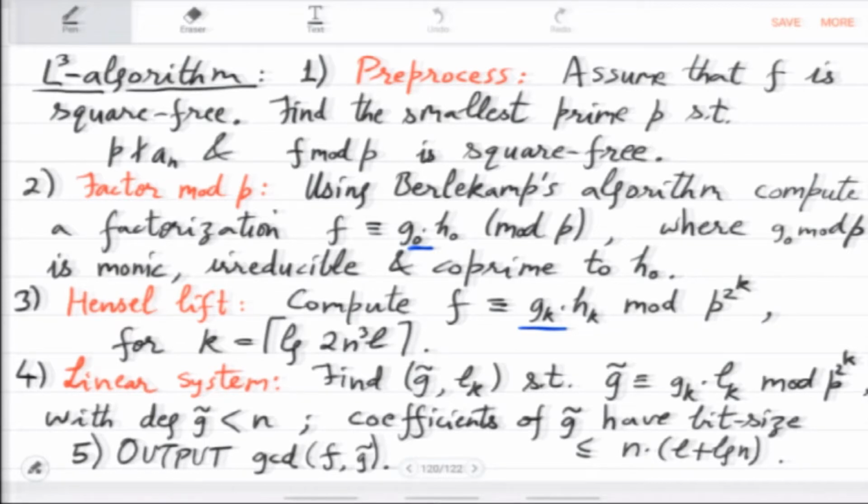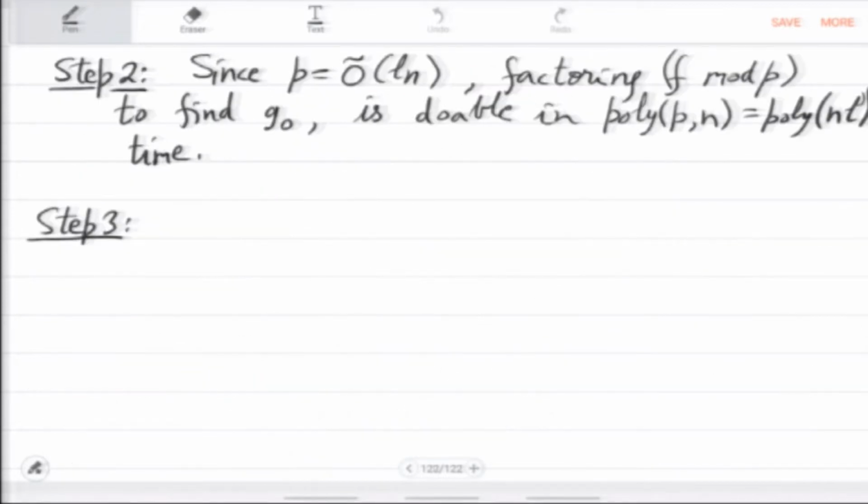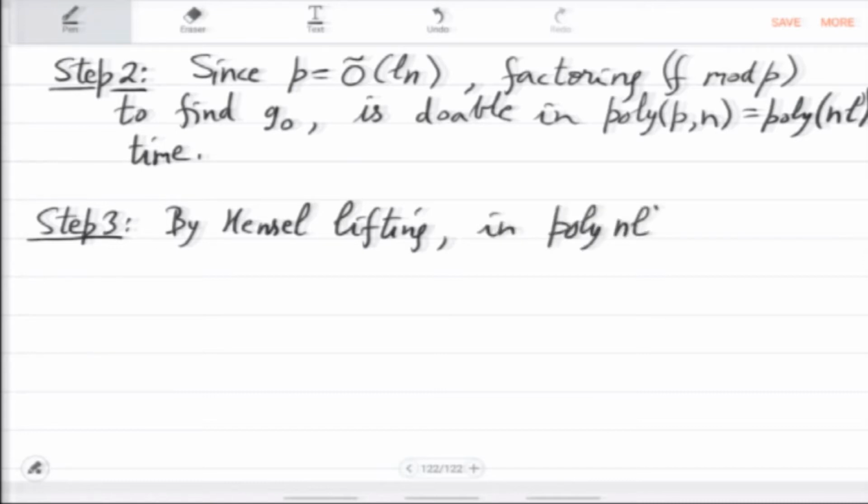So by the Hensel lifting lemma, this is doable again in polynomial in NL time, because k is also picked to be quite small. So everything can be done in polynomial in NL time.